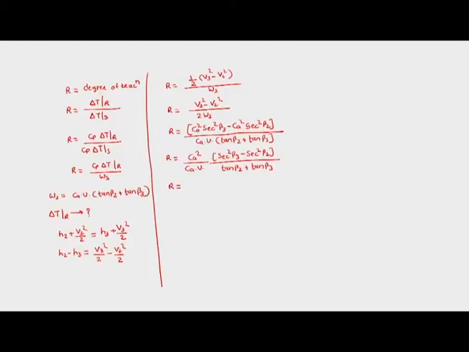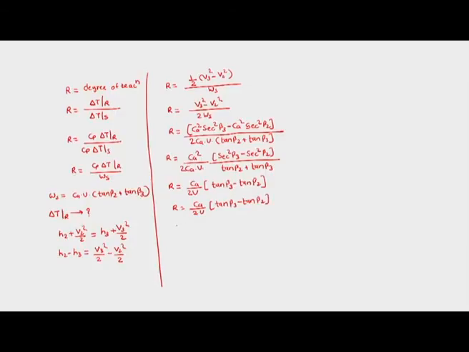We can express sec square theta in terms of tan square theta, and then ultimately we would get Ca upon U into tan of beta 3 minus tan of beta 2. We have forgotten a 2 here. So we have R is equal to Ca upon twice U, tan of beta 3 minus tan of beta 2.